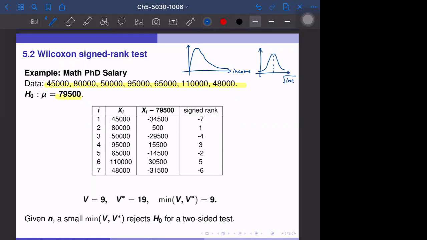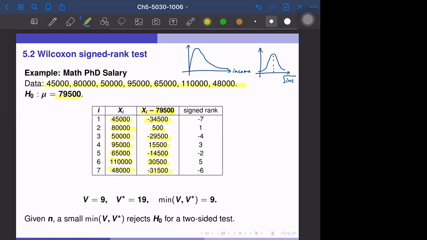Okay, so this test, at first, and the null hypothesis: xi minus 79,500. So the first observation is 55,000. So 55,000 minus 79,500 is negative 34,500. Then the same for the others. So we subtract 79,500 and we get these numbers.